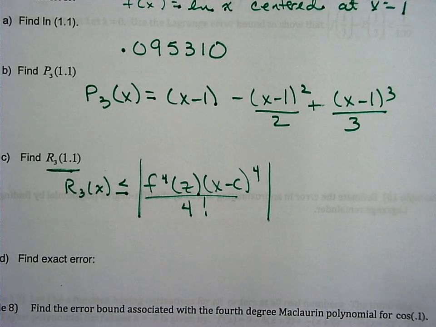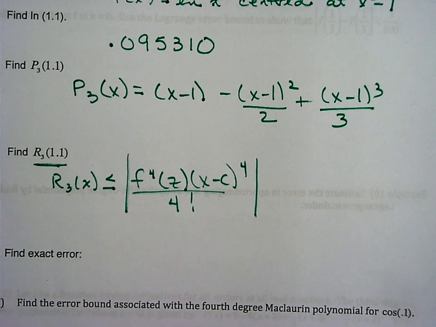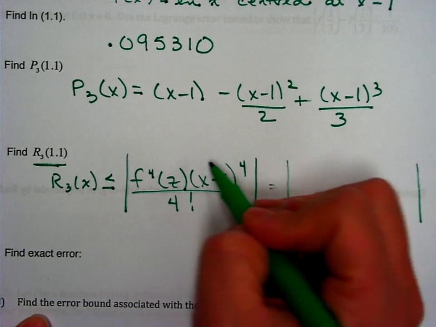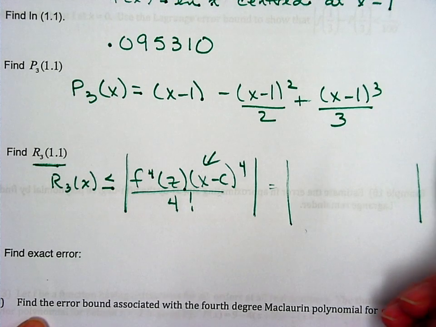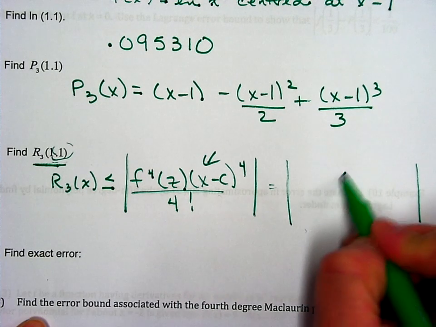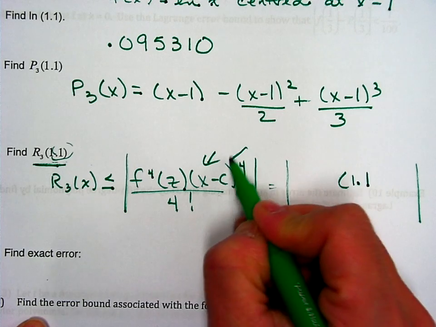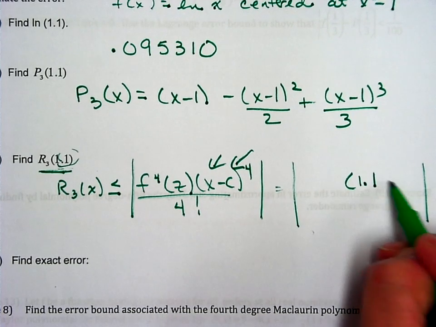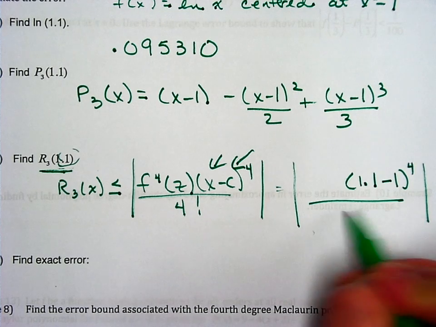Okay, so let's plug in the pieces. Okay, I'm going to start with this. The x value is whatever value of x that you're plugging in. I want to know what happens at 1.1. So I'm going to plug in 1.1 for x. My c is where you are centered at. The original problem said you are centered at 1. There's your minus 1. And then I have a 4 factorial here.